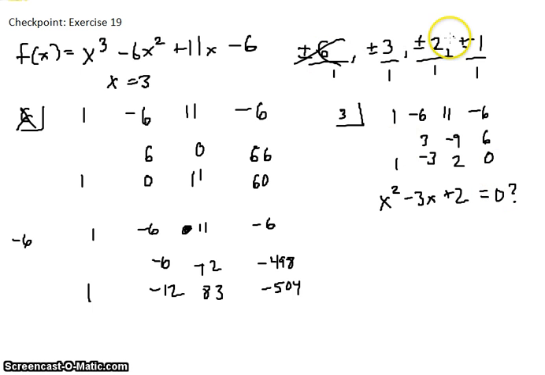Well, I can go through and test this, or I can ask myself, how can I solve this? I can use the quadratic formula if I want to, or I can see if it's factorable, which it is. I can factor this into x minus 2 and x minus 1. Okay, so there's my factored expression.